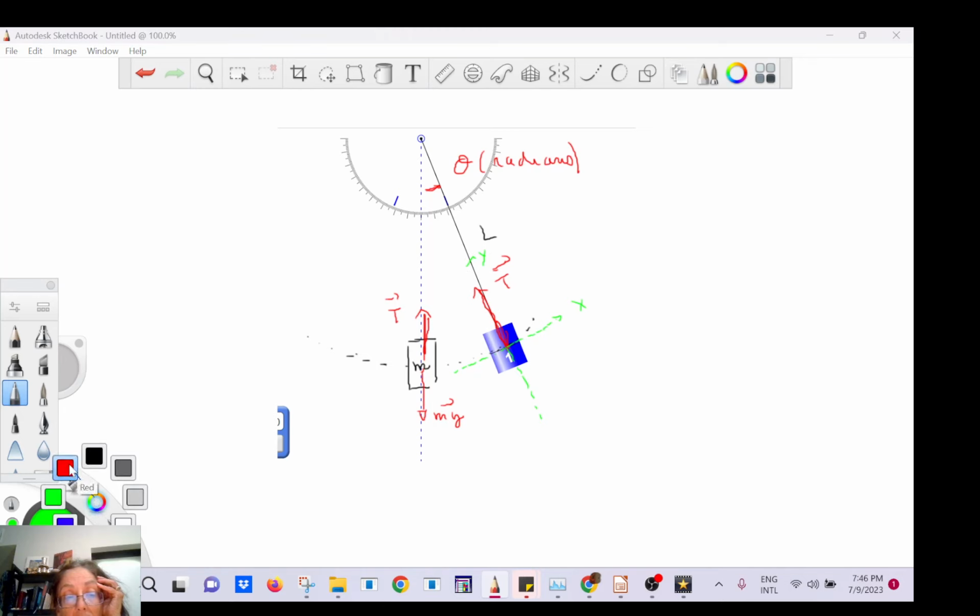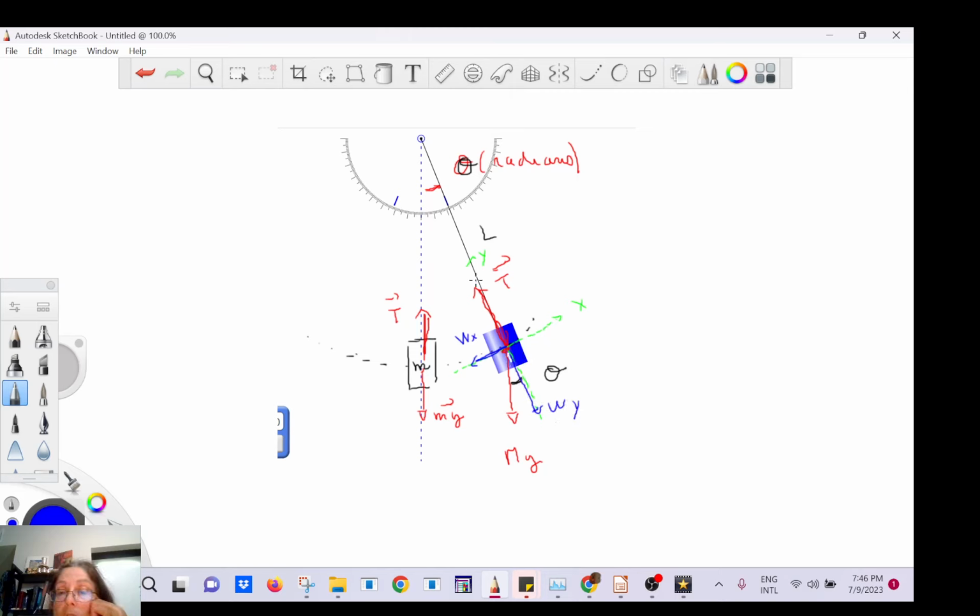And then you have the weight. Okay, so you can throw the weight on your own. The weight's going to be straight down here to Earth. And with a little bit of geometry, if this is the angle theta here, you see that's going to be the angle theta here. So you see that weight here has two components, and each component has a different job. So that's the x component here, and there is a y component here.